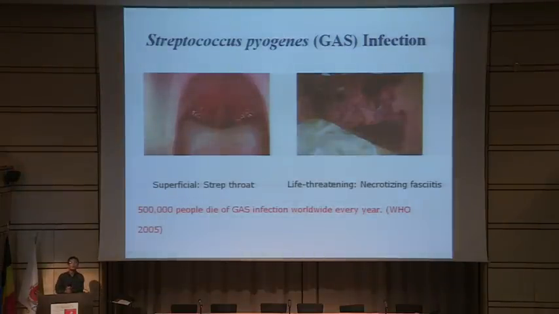We're interested in strep because strep is a gram-positive human pathogen that colonizes the skin and the mucosal surface, causing infections from mild superficial strep throat to severe life-threatening necrotizing fasciitis.